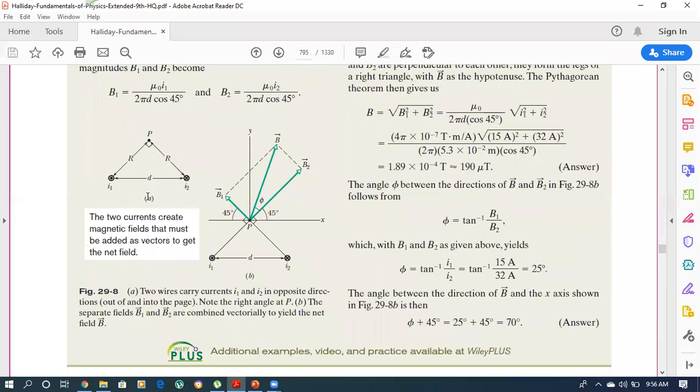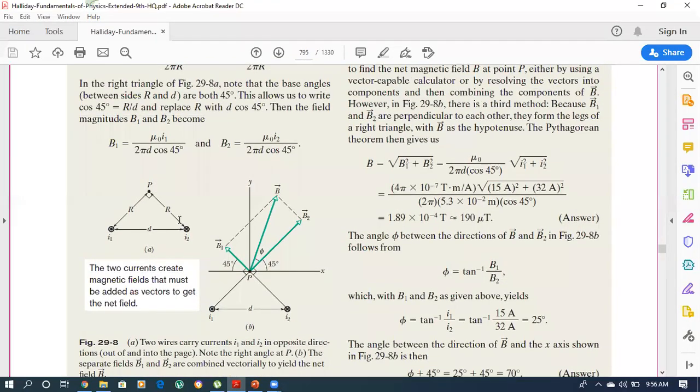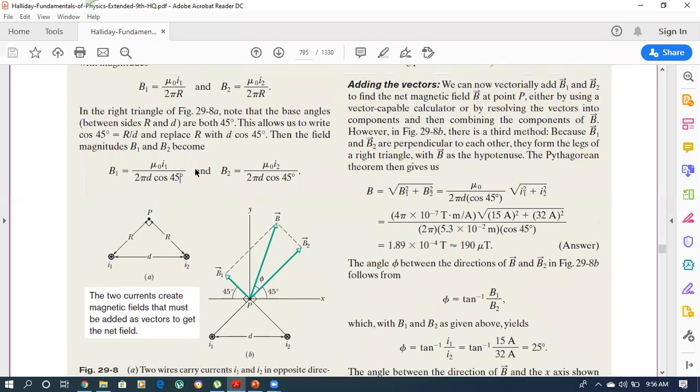But R is the distance from the wire to the point P, and D is the separation between the two wires. If you make a right triangle from the point P, we can write cos 45 equal to R by D.